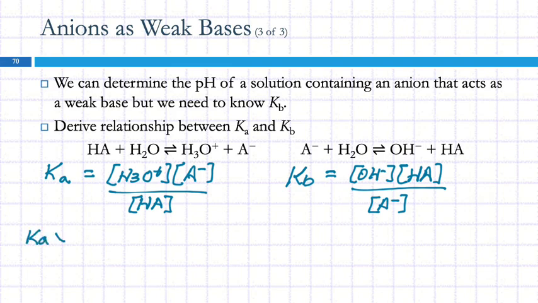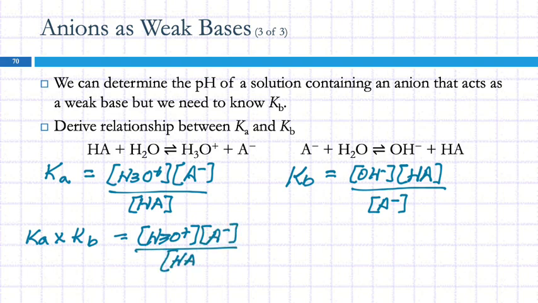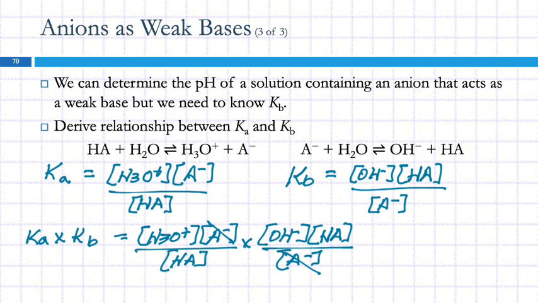So we'll look at Ka times Kb. Some things are going to cancel out. The A minus is going to cancel out, and the HA is going to cancel out. And we're left with the concentration of H3O plus times the OH minus concentration.